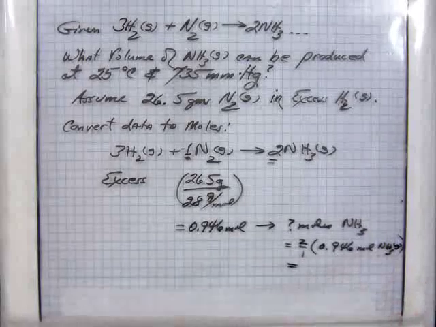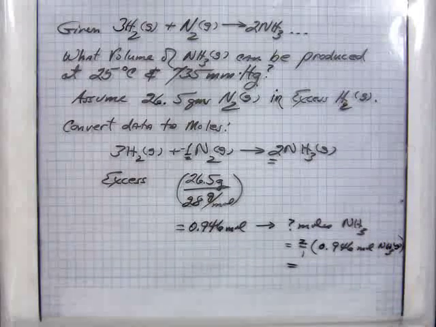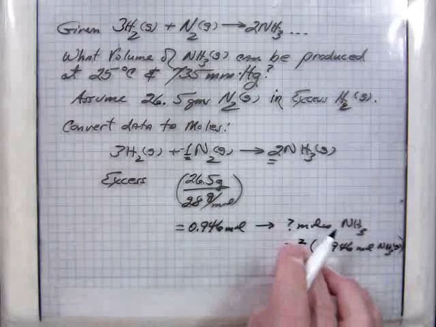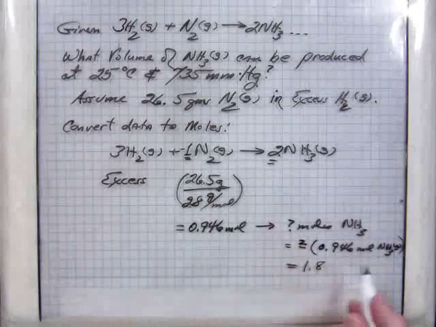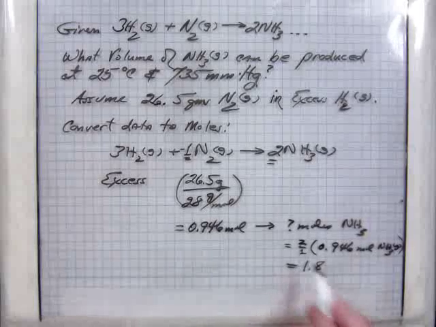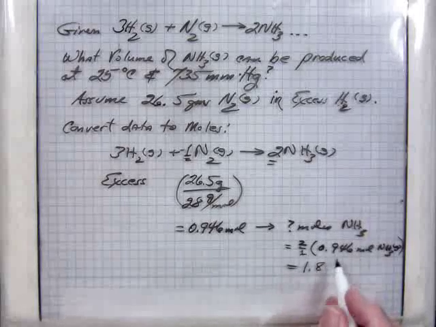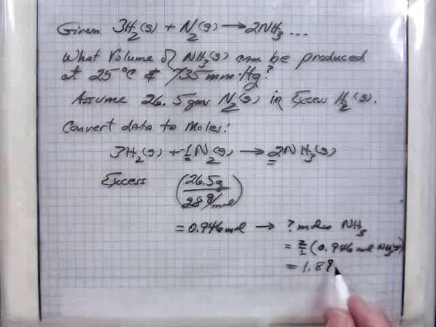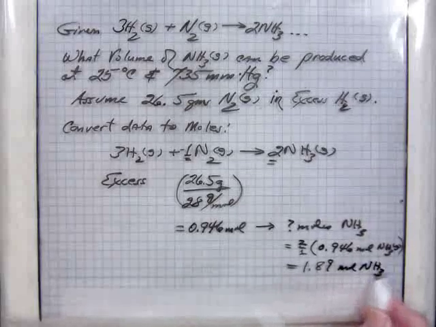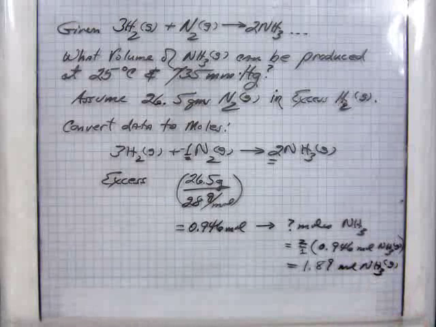Okay, so we're going to multiply that by 2, and so we get 1.89 moles of NH3 gas. Is everybody good with me so far?